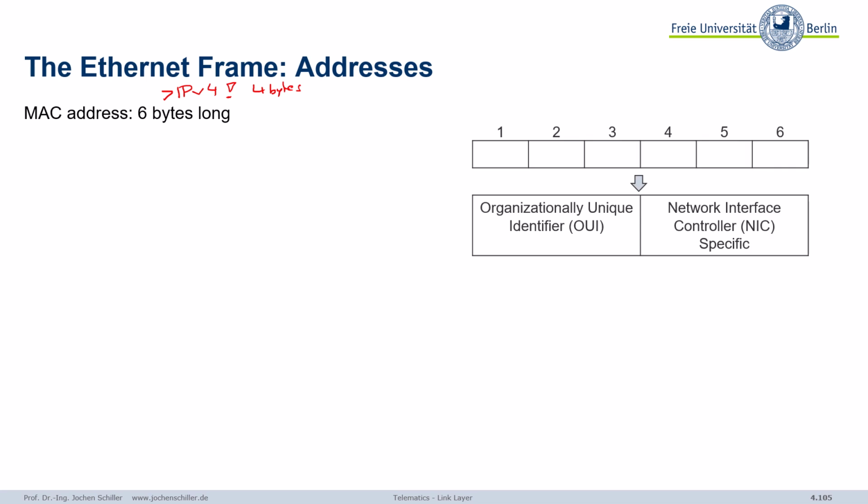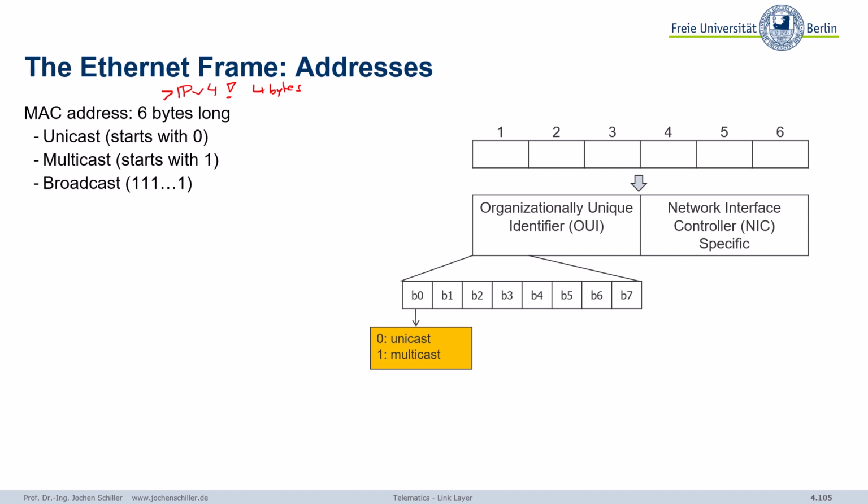So MAC addresses, how are they organized? You have two halves. One is the organization, and the other one is the specific network interface controller address. First of all, what do we have inside this organization part, the first half?